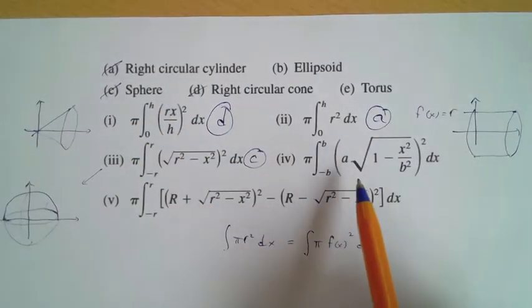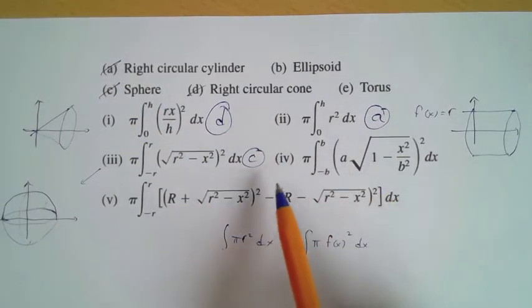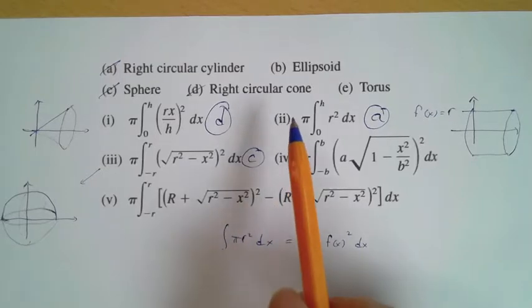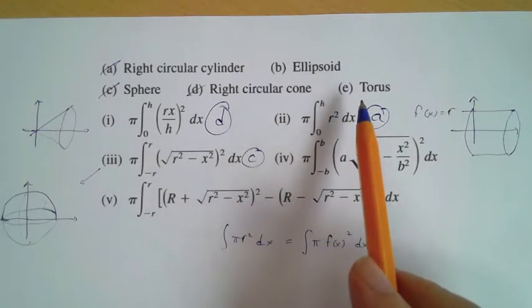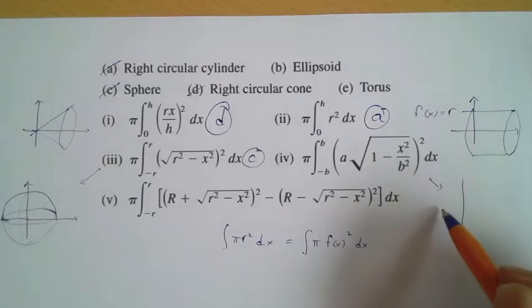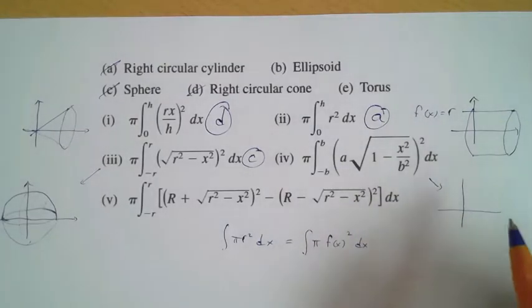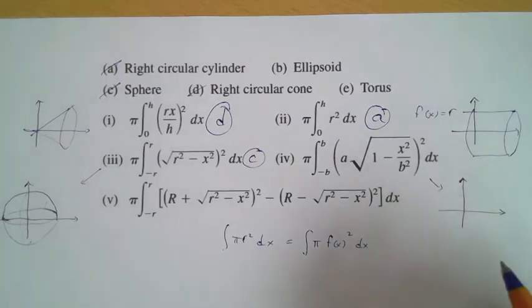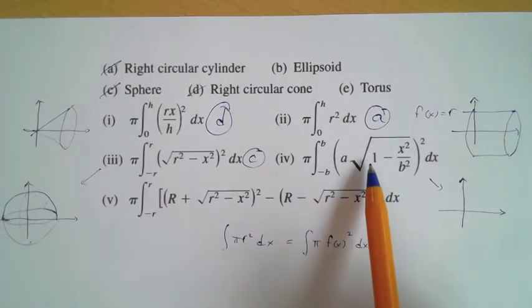Now we have two that are rather difficult, this one and this one. Luckily, we only have the ellipsoid left and the torus, so let's hope it's not impossible to vaguely sketch what's happening in these two cases.